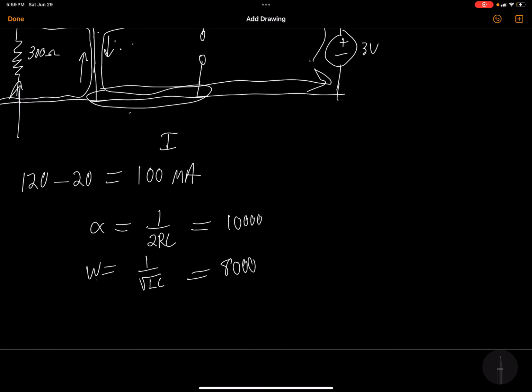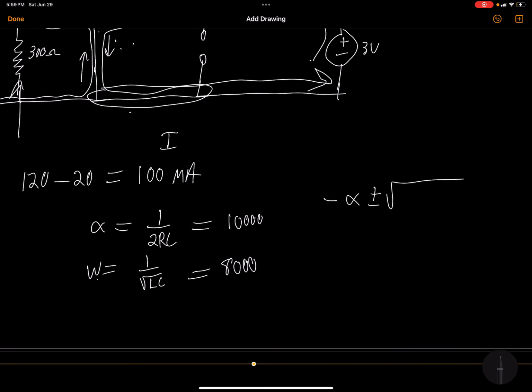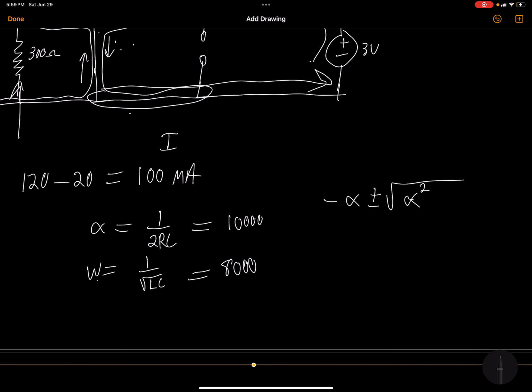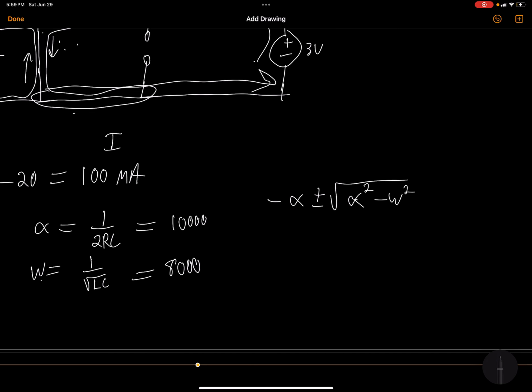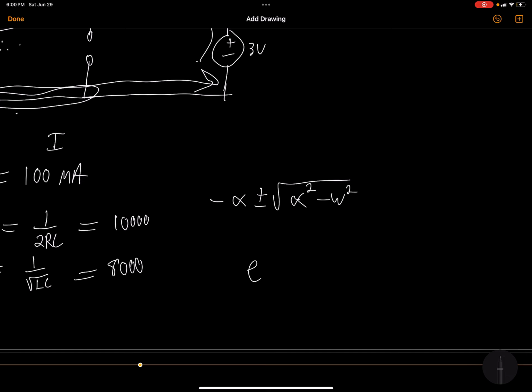And if you plug that into your formula, negative alpha plus or minus root of alpha squared minus omega naught squared, you'll get two real solutions: e to the negative 16,000 t will be one, plus e to the negative 4,000 t will be the other.